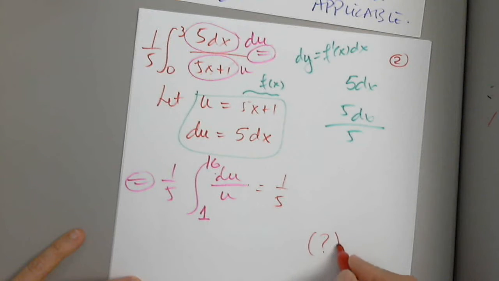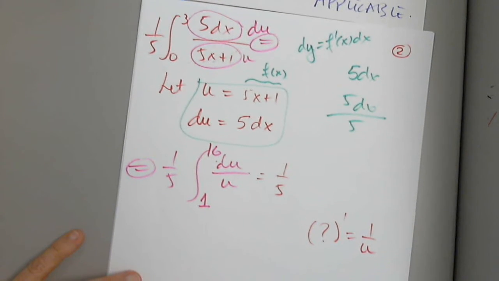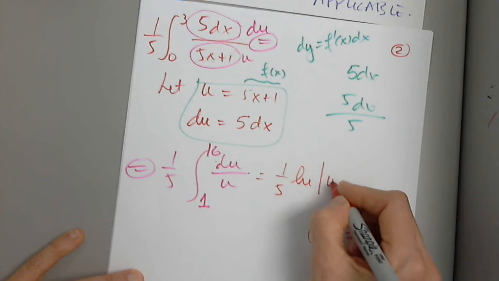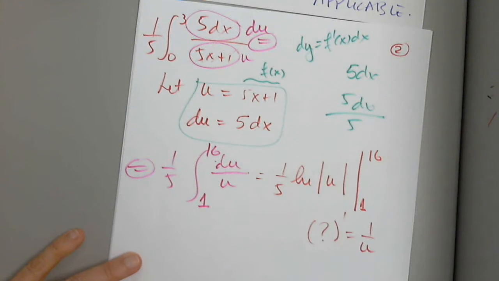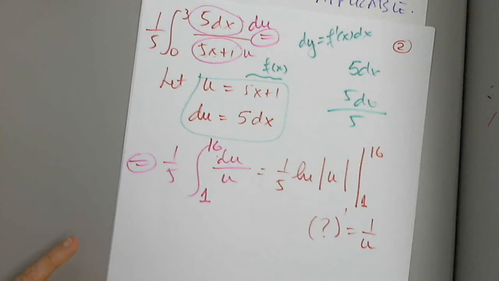So which function prime is 1 over u? Say it again. Very good. Natural log of the absolute value of u from 1 through 16. Excellent. Please remember this is natural log u, but we have to write absolute value.